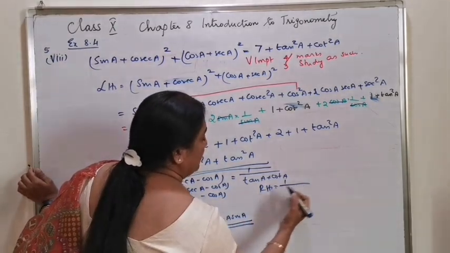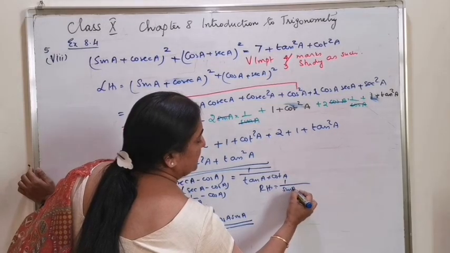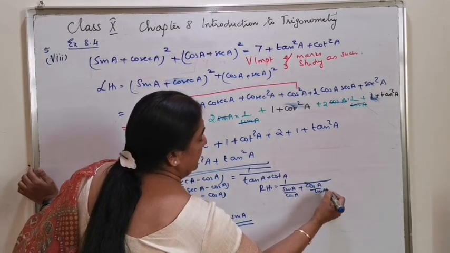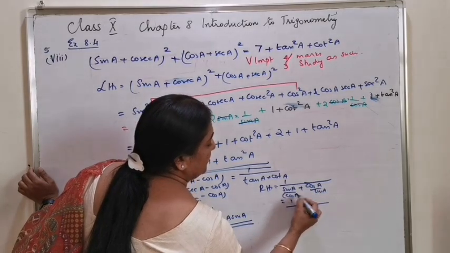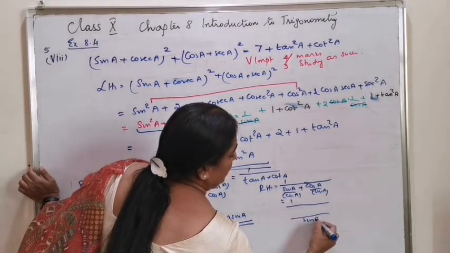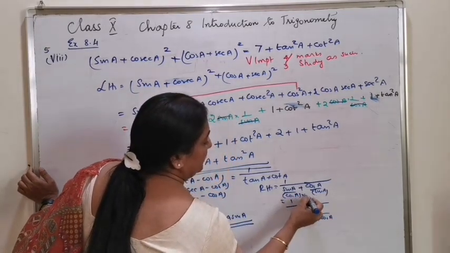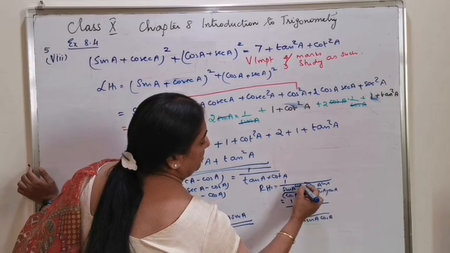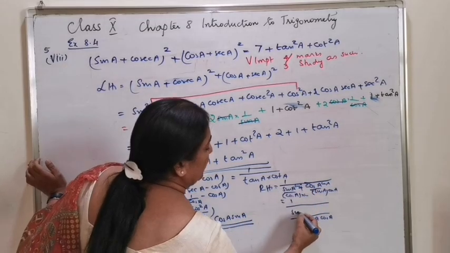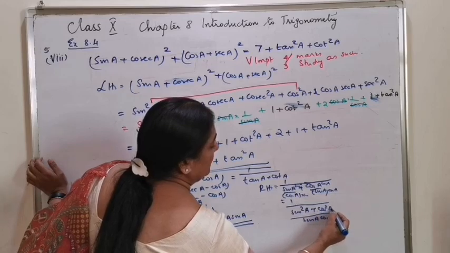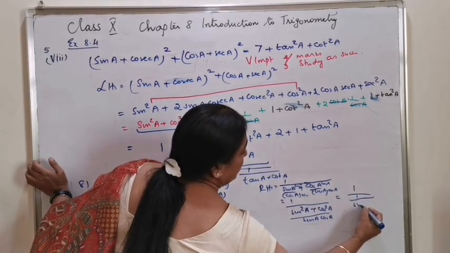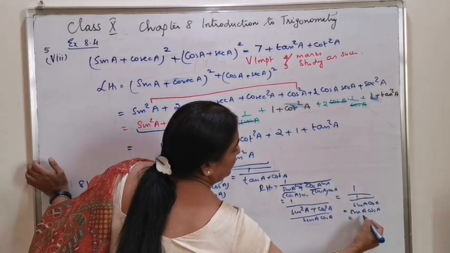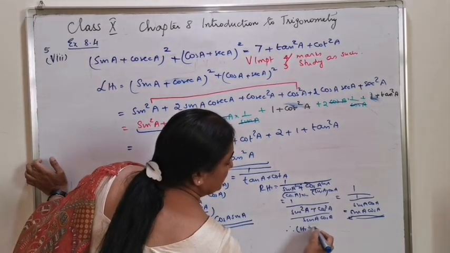Let's prove it. 1 by tan A can be written as sine A by cos A plus cot A can be written as cos A by sine A, which is equal to 1 by, again, the LCM of sine A cos A. First term will be multiplied with sine A, second term will be multiplied with cos A. It will be sine square A plus cos square A, which is equal to 1 by sine A cos A, which is equal to sine A cos A. Therefore, LHS and RHS are equal.